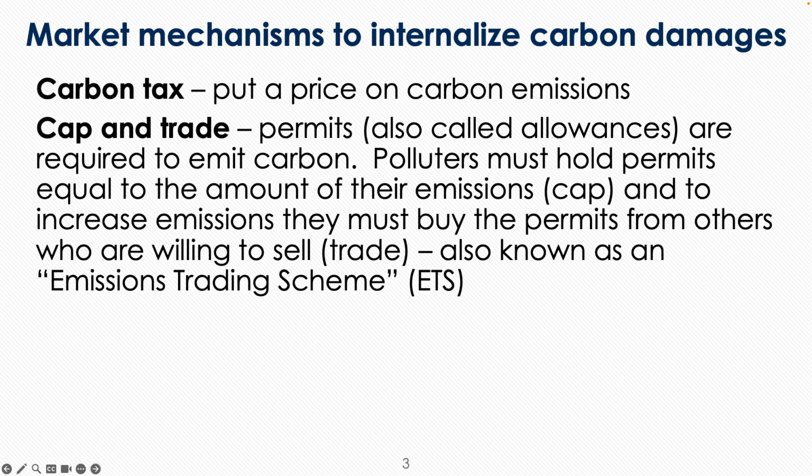If you wanted to emit more than the cap, then you have to buy those permits from someone else. And then as time goes on, you could lower the amount of permits that are allowed, and that brings down the overall amount of carbon that gets emitted. This can also be known as an emissions trading scheme in many places.